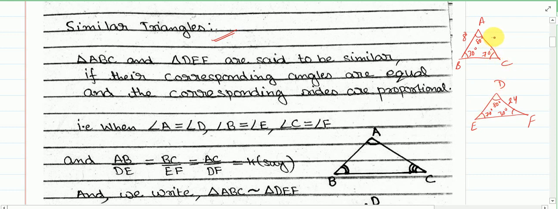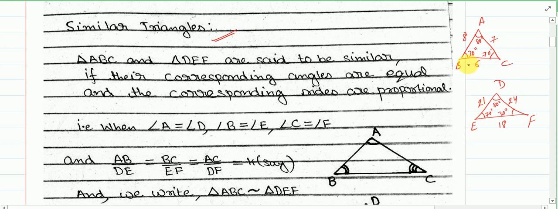Let's say this is 7 and this is 21. Now see side BC. BC contains 30 and 70, so the corresponding side in this triangle will be EF. Let's say this is 6 and this one is 18.